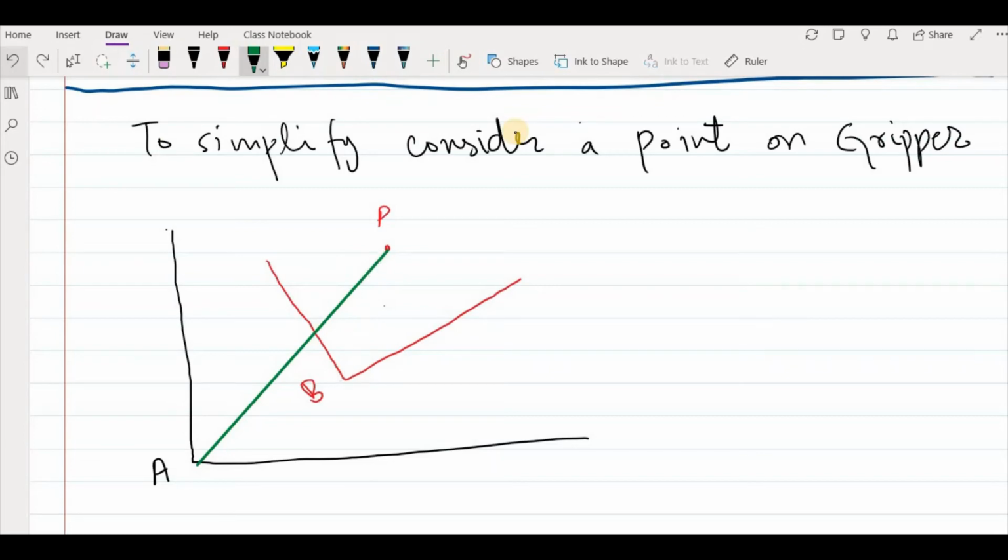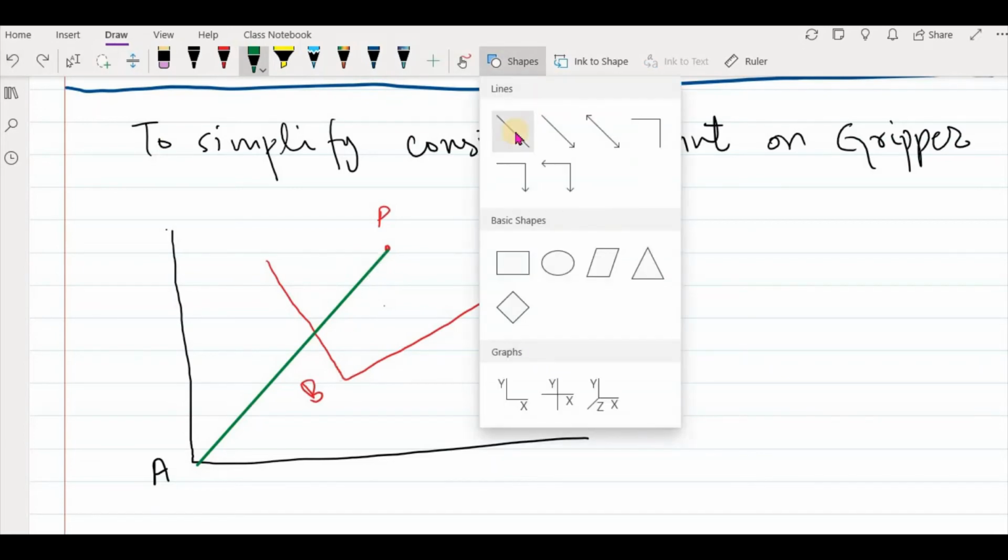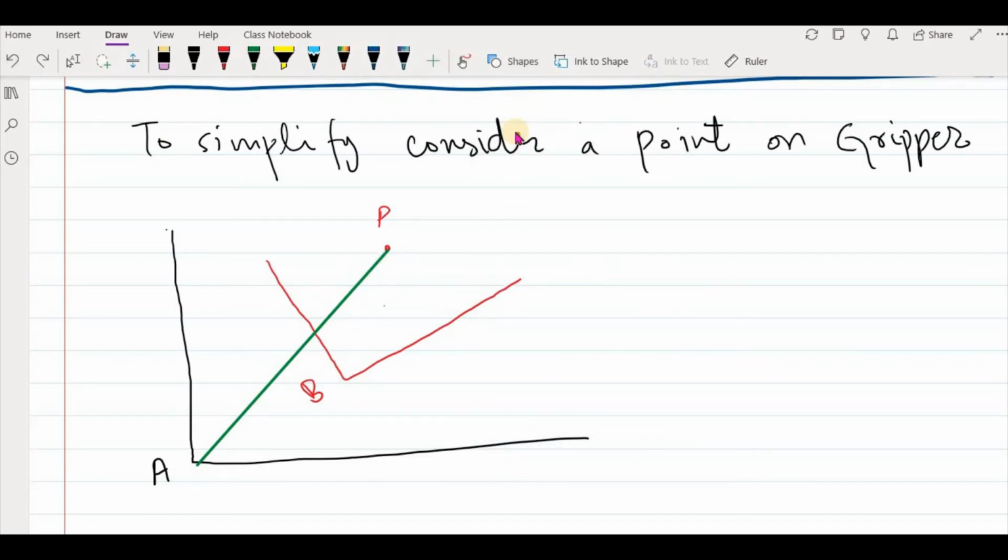Okay, I cannot drag it actually. Normally it's not like this. Yes, this looks much better. So this angle, we call this angle phi.